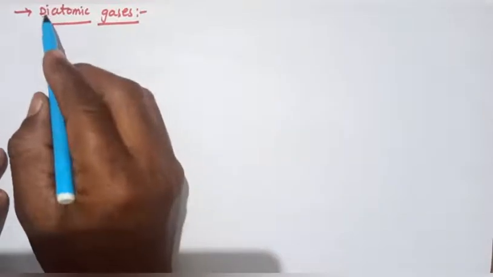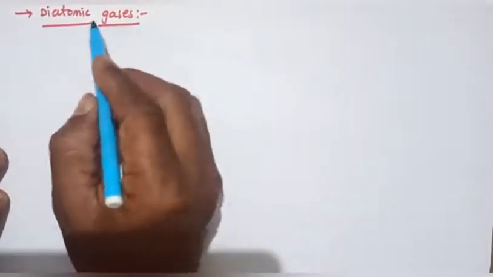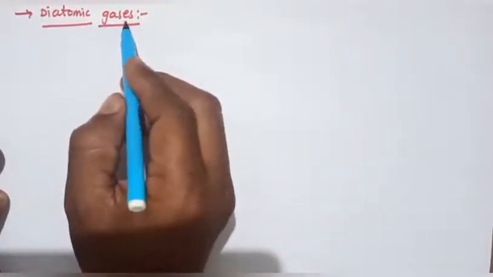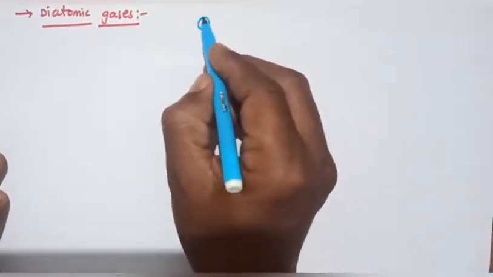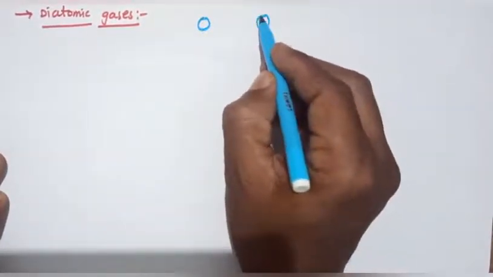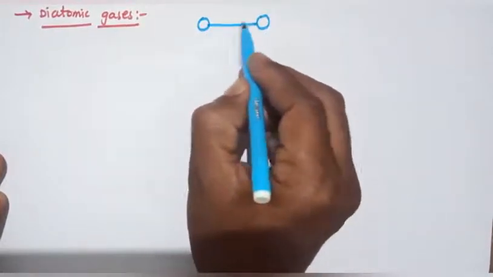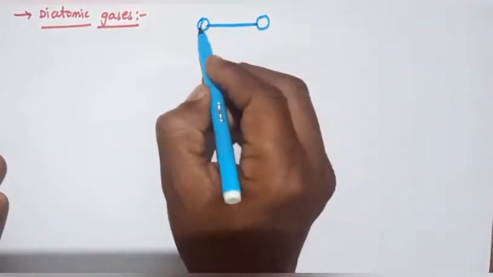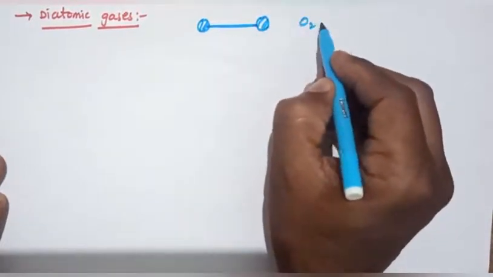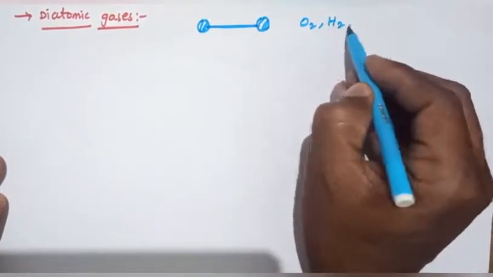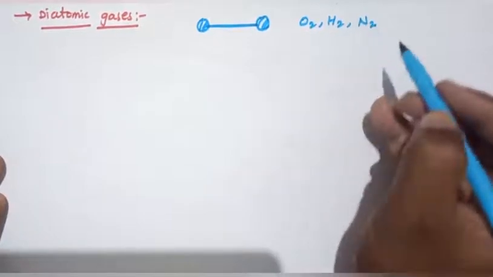Next, diatomic gases specific heat capacity. We already discussed the diatomic shape, which is like a dumbbell. Examples are oxygen, hydrogen, nitrogen.